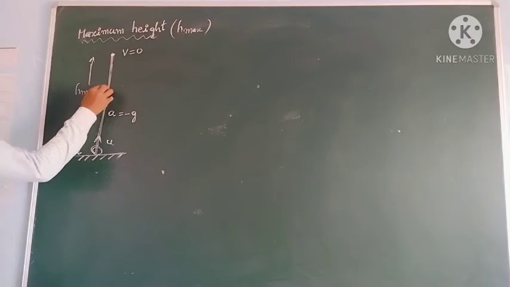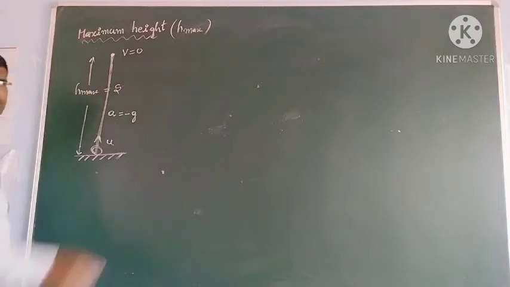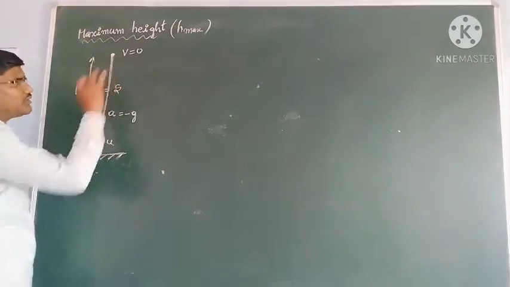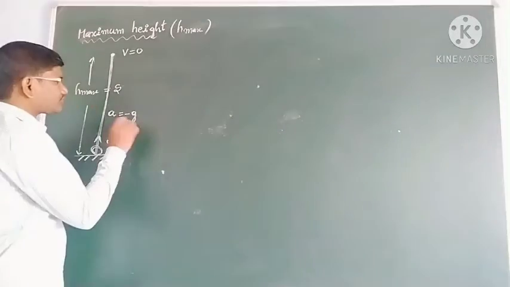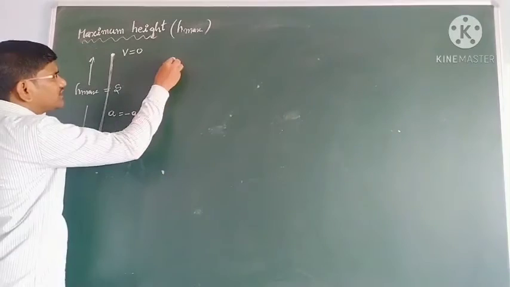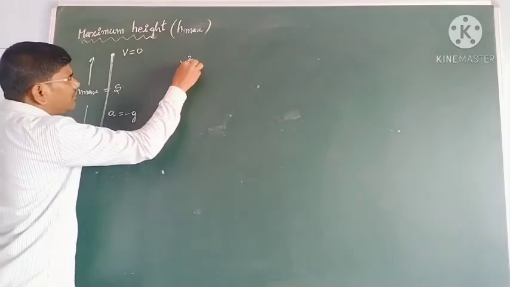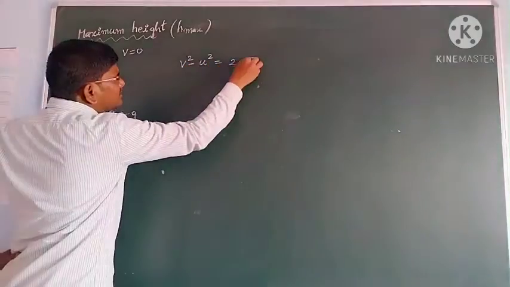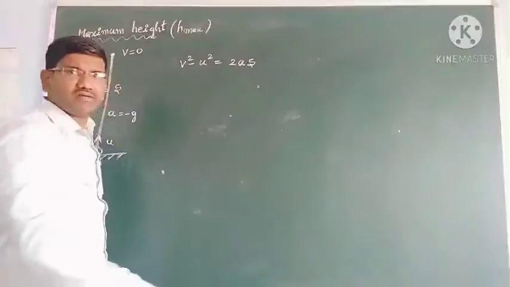Here the height will become the distance. You know the initial velocity u, you know the final velocity. So for the maximum height formula, I'm taking the third equation of motion: v square minus u square is equal to 2as.